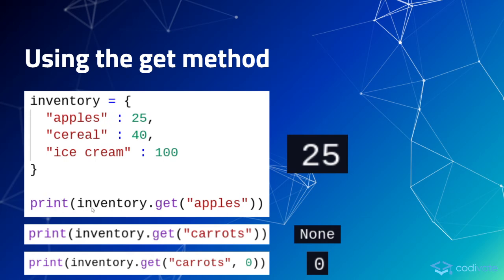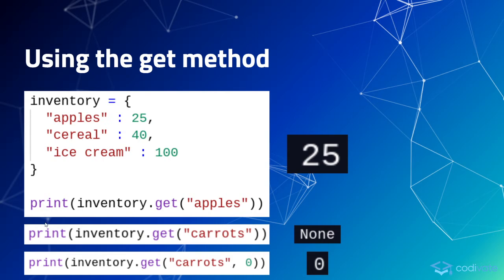If we were to print inventory, name of dictionary, dot get, and then apples, it will go to the inventory dictionary, find the apples key, and just return whatever value is there. We print the returned value, and we get 25. There are 25 apples in our inventory.